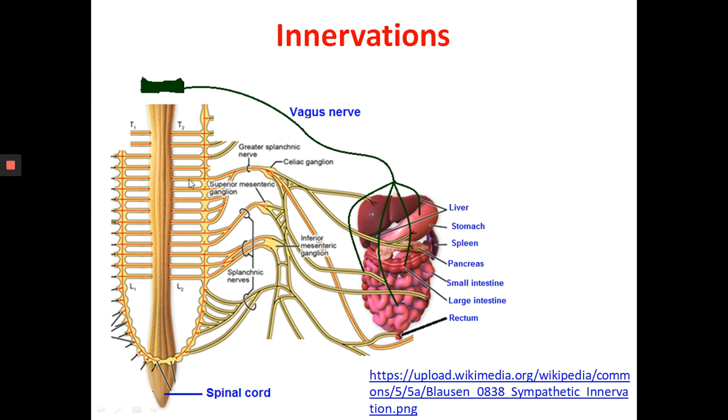These nerves form three ganglia, namely the superior mesenteric ganglion, then the inferior mesenteric ganglion, and the celiac ganglion. The inferior mesenteric plexus stimulates the colon from the left colic flexure and then to the rectum.